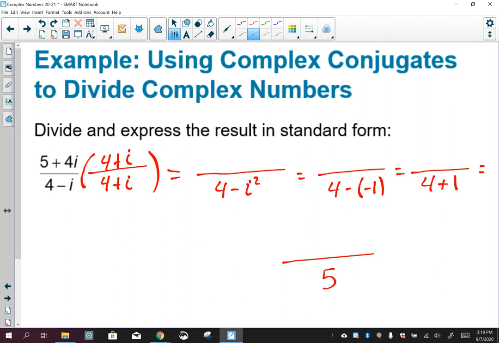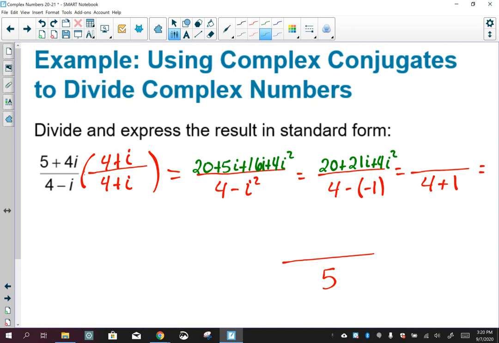On the top, we're just simply going to FOIL this out. So we wind up with a 20 plus 5I plus 16I plus 4I squared. Then we're going to combine our like terms. So 20 plus 21I plus 4I squared.